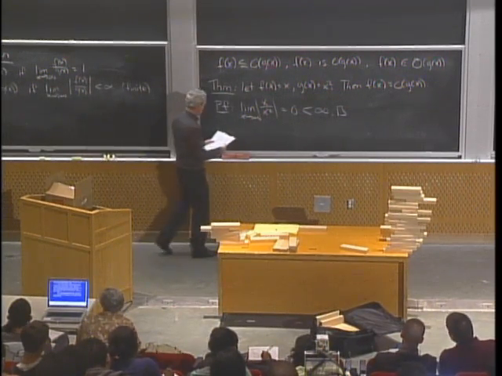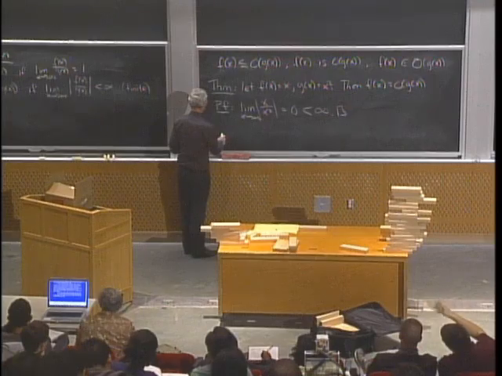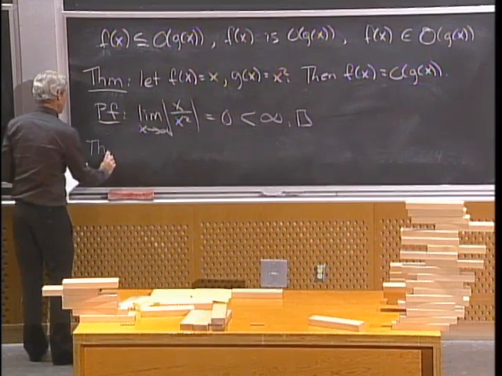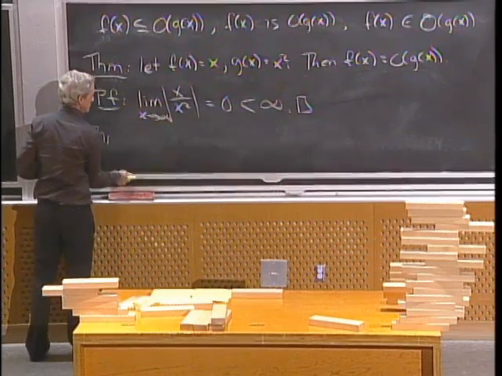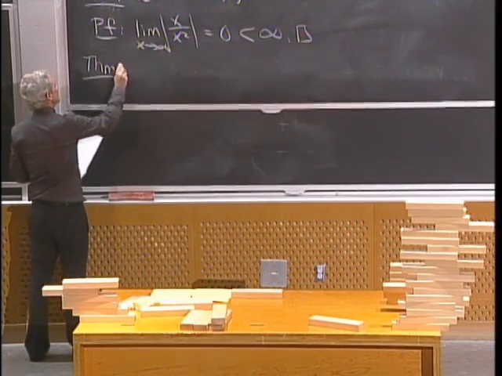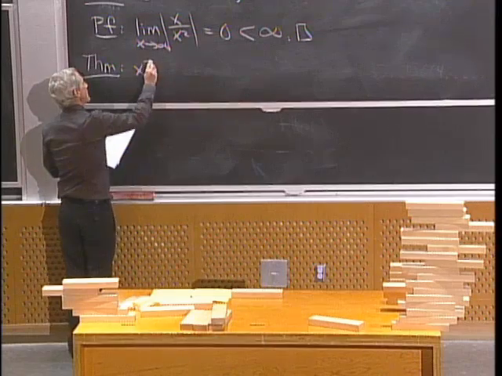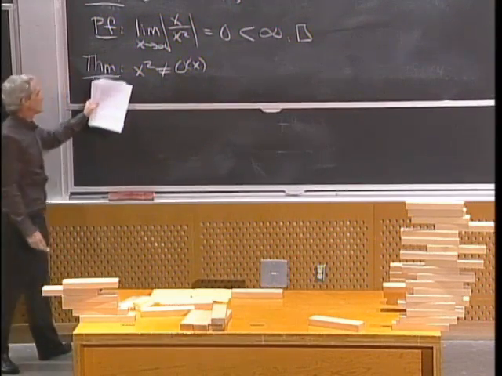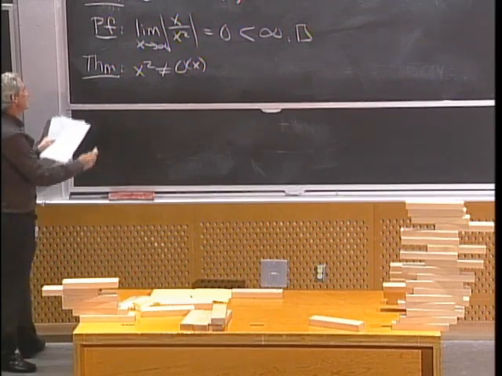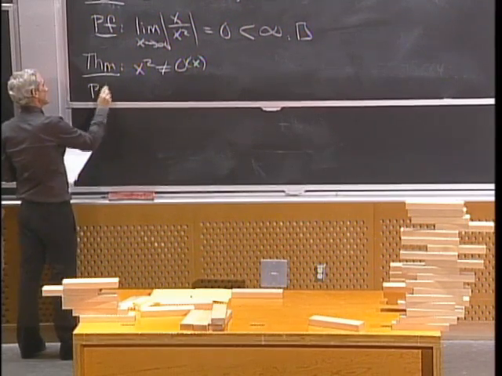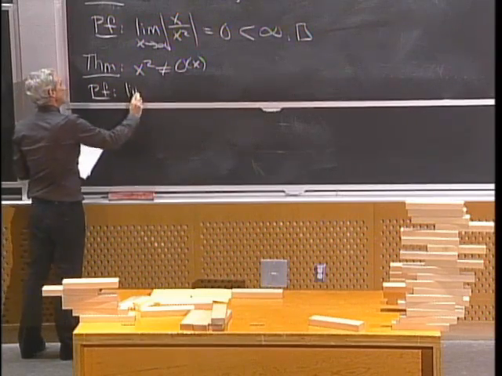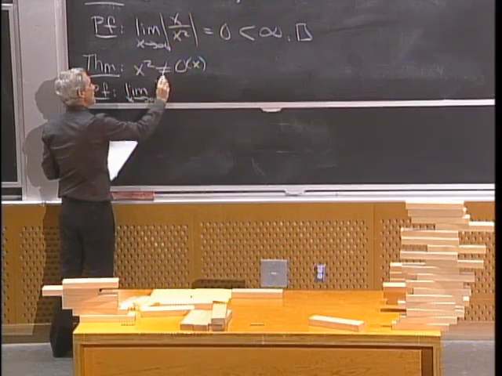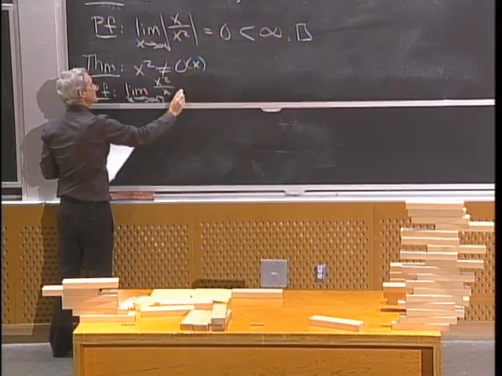All right, let's do another example. This case will show that f is not O of g. x squared is not O of x. Of course, x squared grows faster than x, but let's see why not. Well, we take the limit as x goes to infinity of x squared over x.